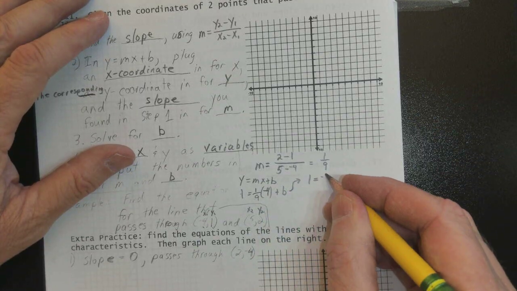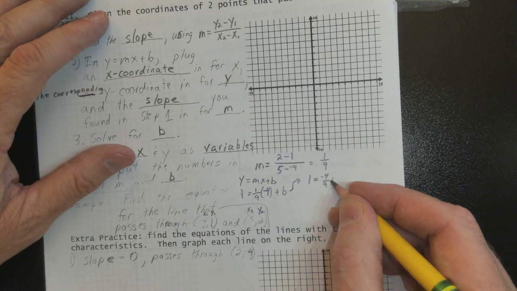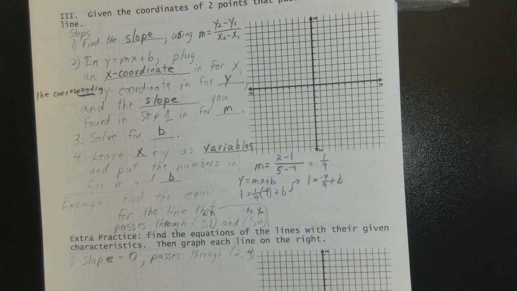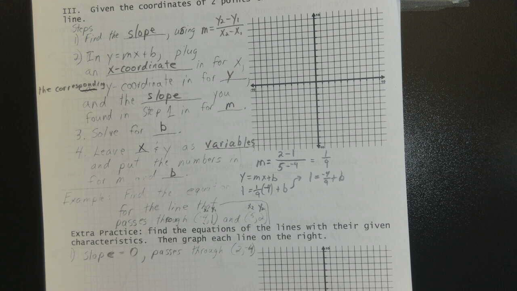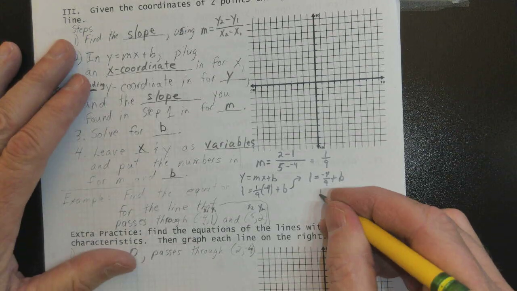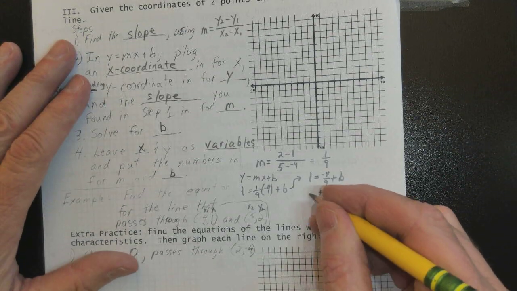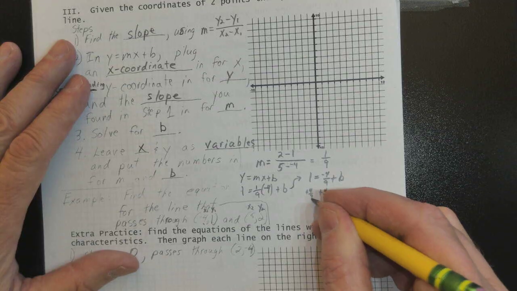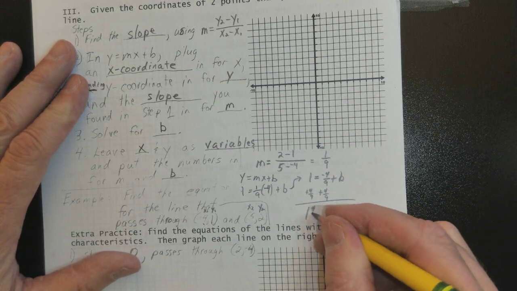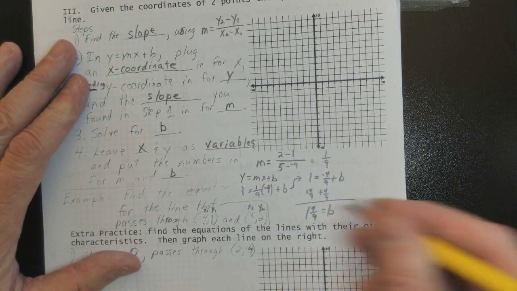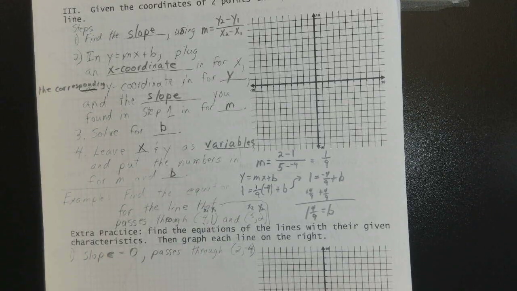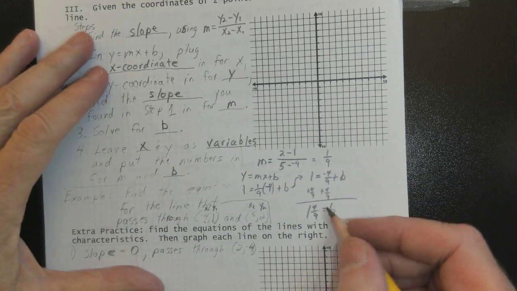Okay, I'm going to come over here. 1 is equal to negative 4/9 plus b. I'm solving for b, so I'm going to add 4/9 to both sides. 1 and 4/9 is equal to b. All right, so I know what b is.